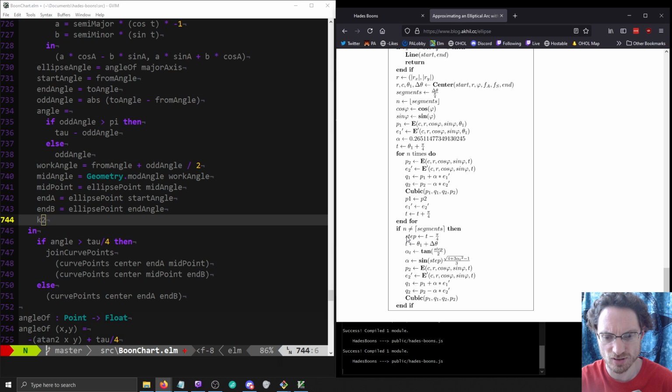So step is the from point. T is the to point. The to angle, which is just going to be our parameters here.